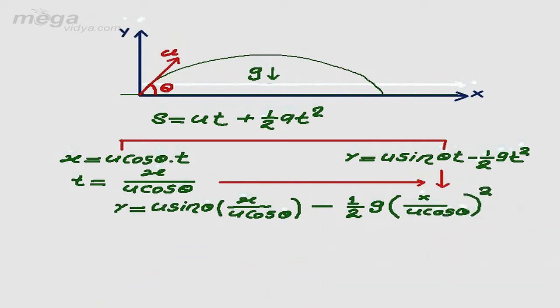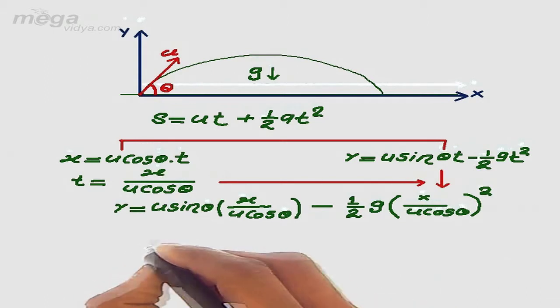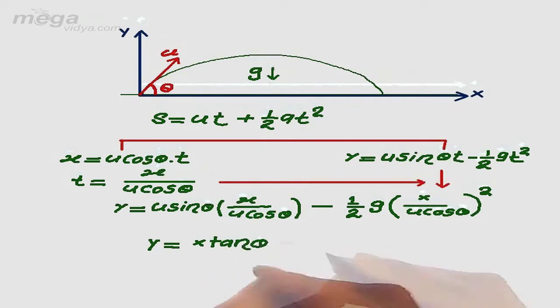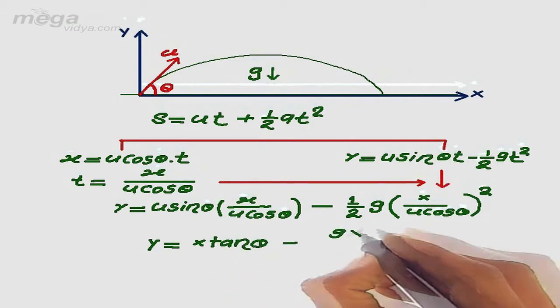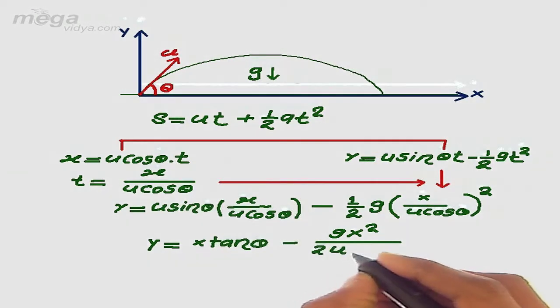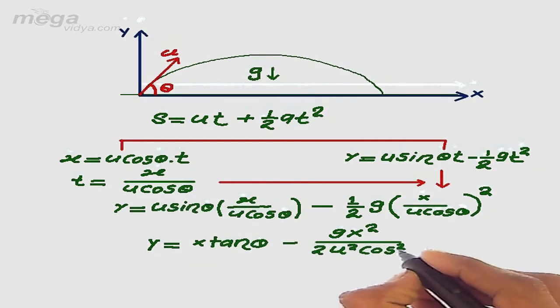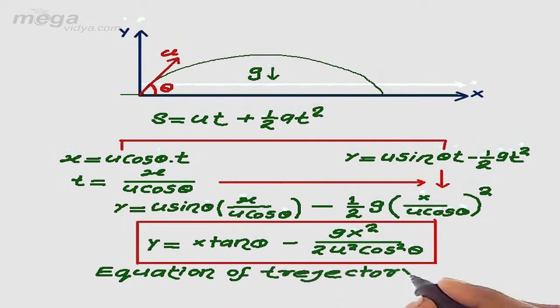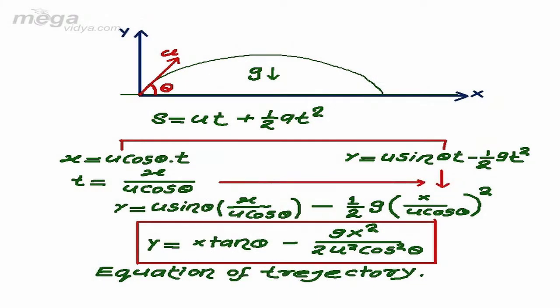After rearranging, this becomes y equal to x tan theta minus gx square divided by 2u square cos square theta. This equation is called the equation of trajectory of the projectile.